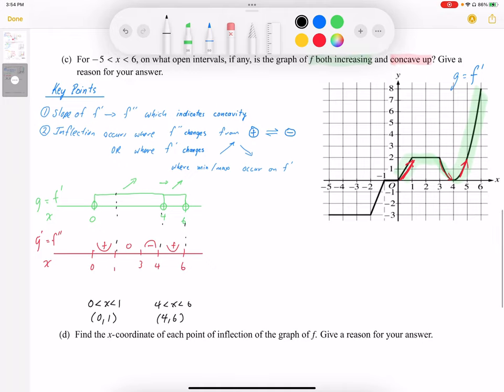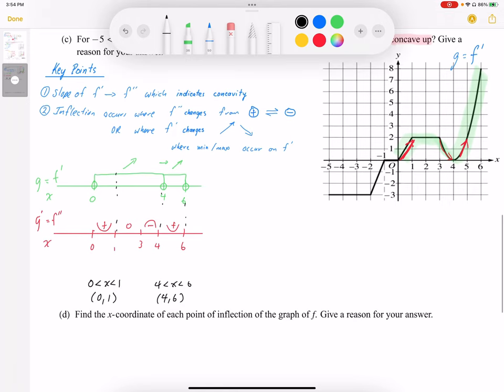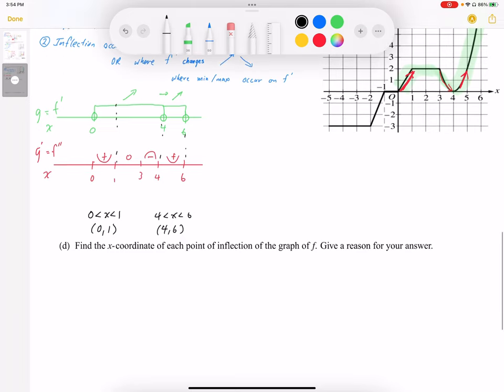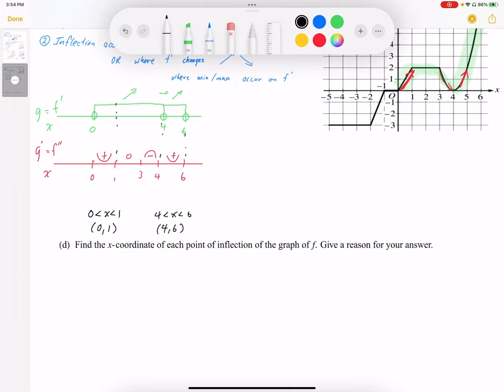For part D then, it says find the x-coordinate for each inflection point on the graph. So give your answer. Inflection occurs where the slope or the second derivative changes from positive to negative or negative to positive. So again, I can do a slope chart here, or concavity chart. So I know that the second derivative of f of x, I'm going to start at 0.